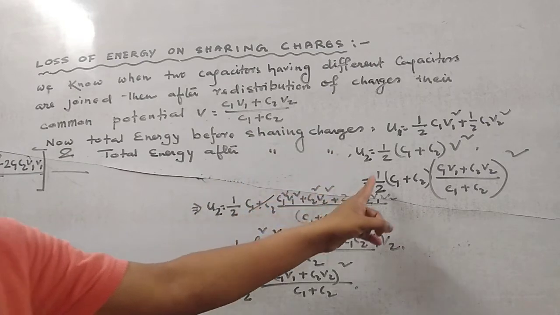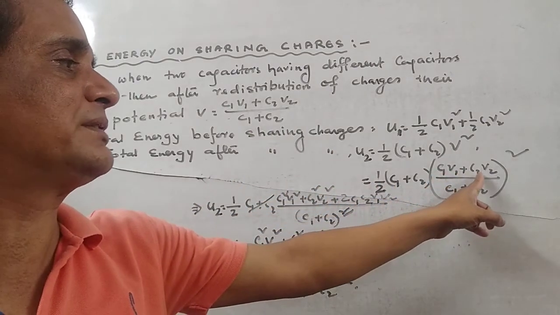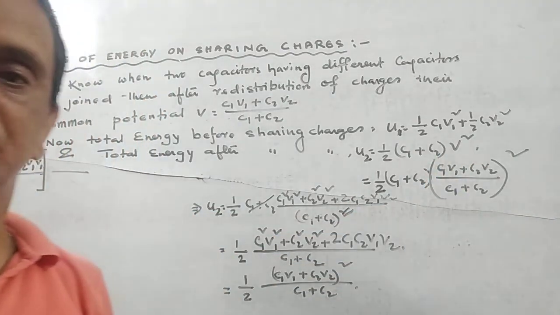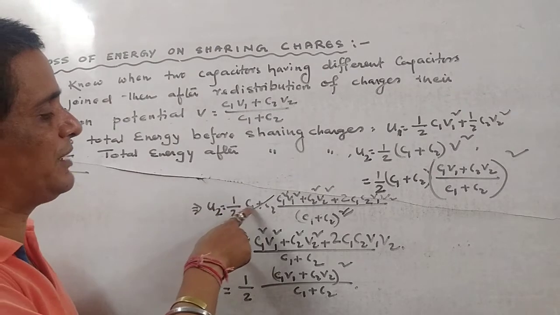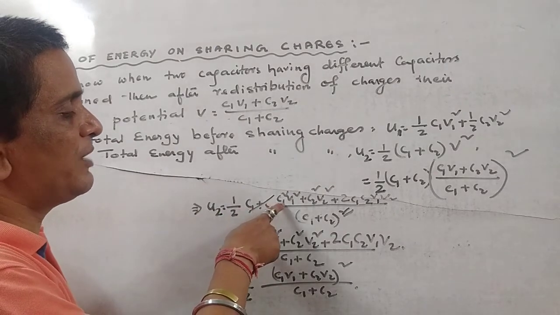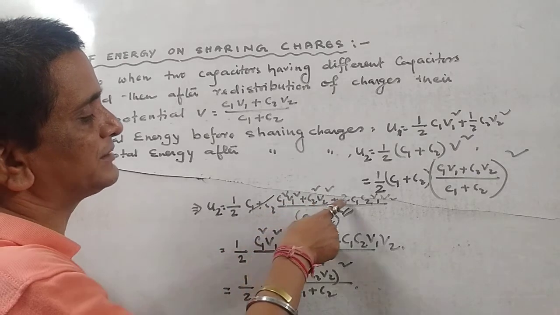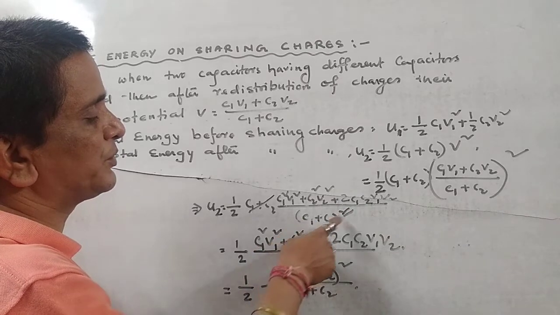So we will get half into C1 plus C2 into the whole quantity C1 V1 plus C2 V2 divided by C1 plus C2, whole thing square. Is it clear? And the result is U2 equal to half into C1 plus C2 into C1 square V1 square plus C2 square V2 square plus twice C1 C2 V1 V2, divided by C1 plus C2 whole thing square.